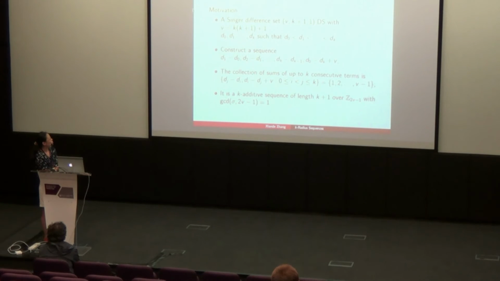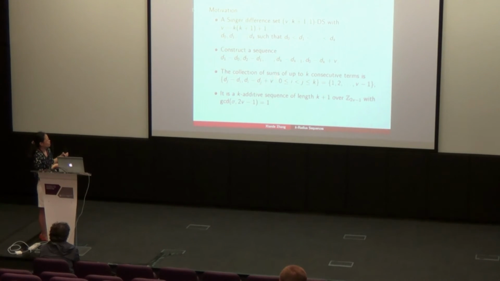And I want to introduce another one that is from the difference set. From the difference set, we construct a k-radius sequence. We can list the elements in increasing order. Then we construct a sequence like this: d1 minus d0, d2 minus d1, and the last one is d0 minus dk plus v.